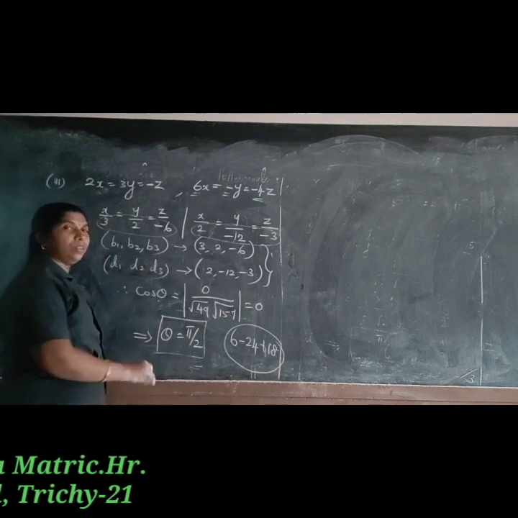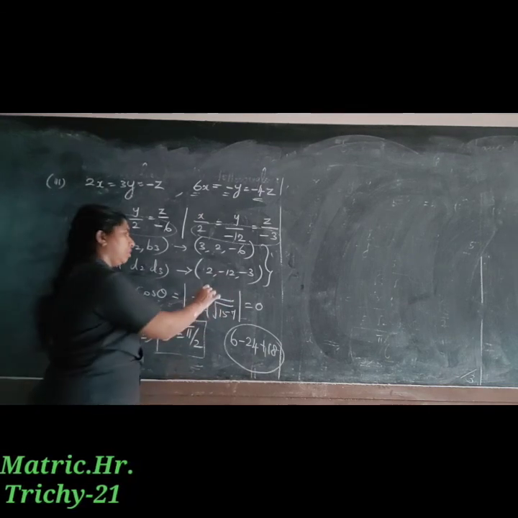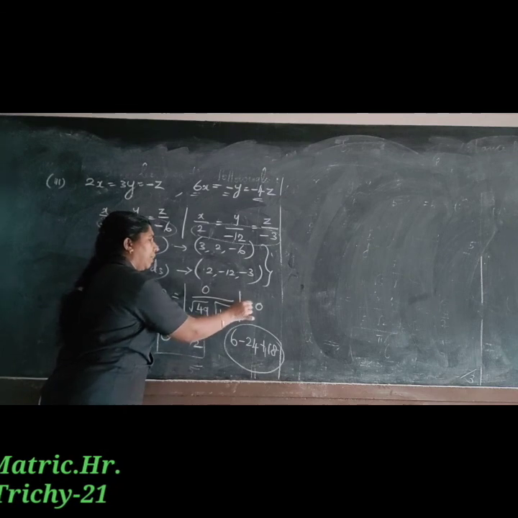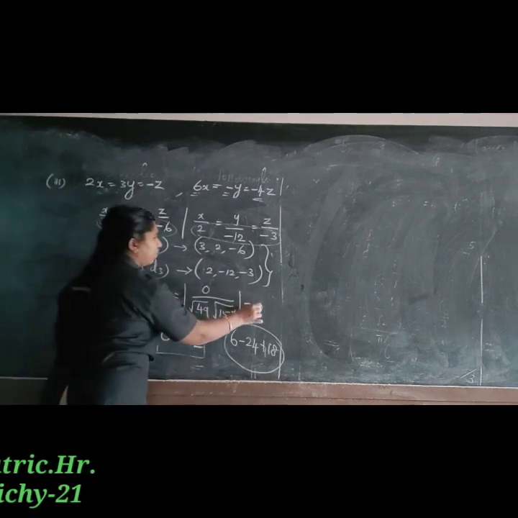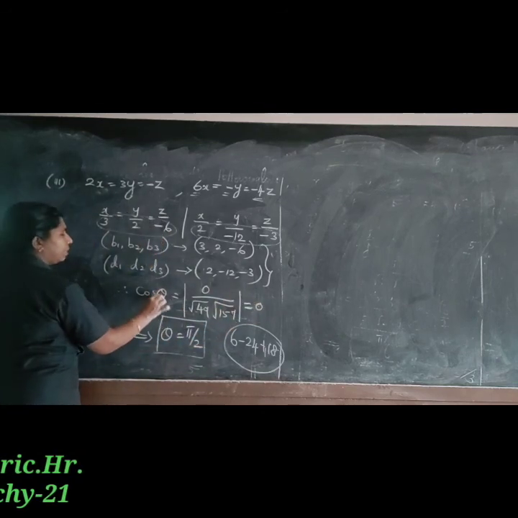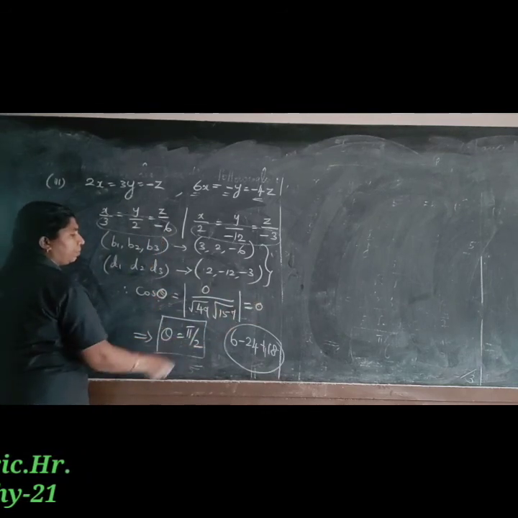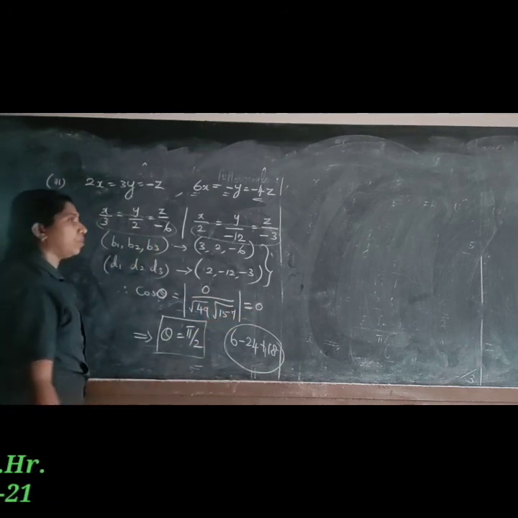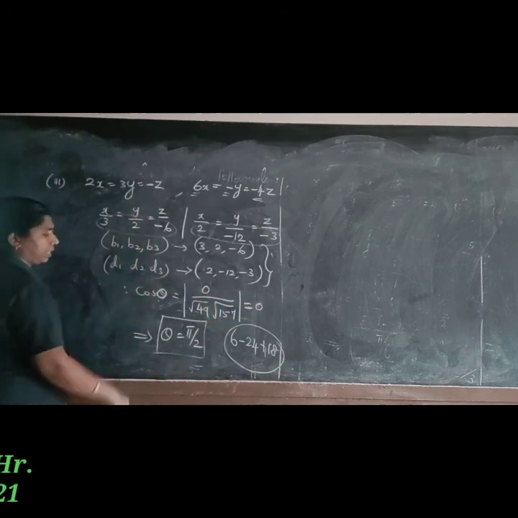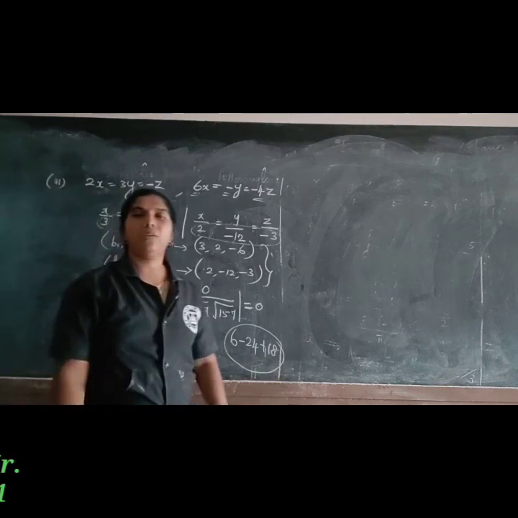So we know 0 divided by any value, the answer must be equal to 0. That is cos theta equal to 0. The corresponding value of theta equal to pi by 2. Cos pi by 2 value equal to 0. Therefore the angle between the two given straight lines is theta equal to pi by 2.